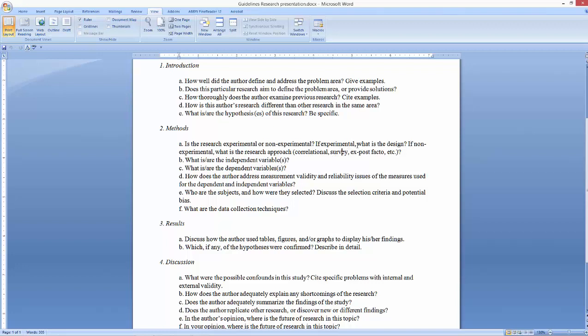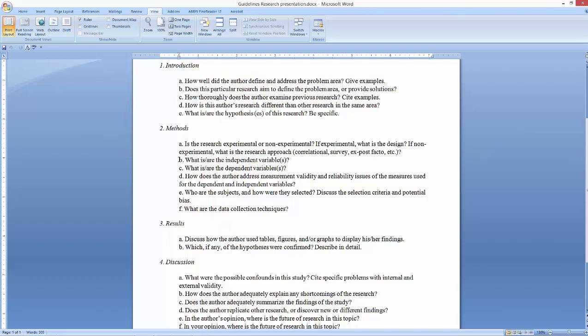They're hitting a number of different people at the same time, making one test, and then getting data based upon the distribution of the responses. Is it ex post facto, which is, in other words, is it just a post test? Are they looking for responses or reactions after a certain event?